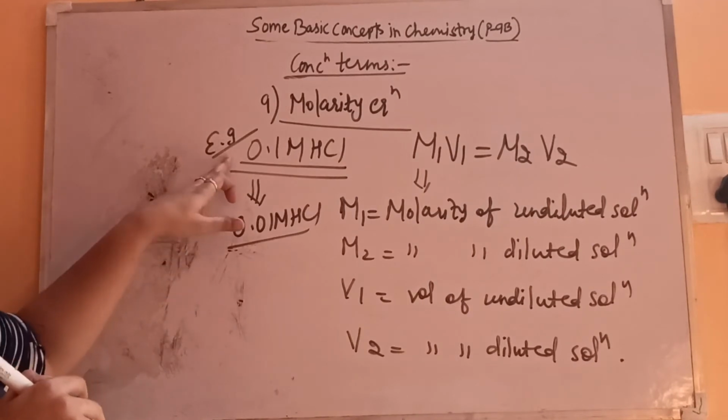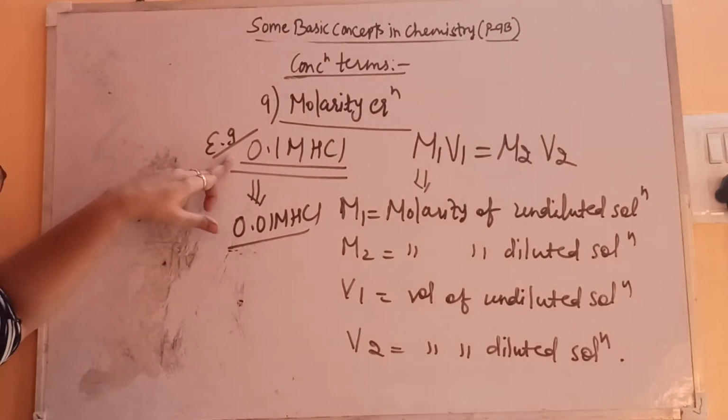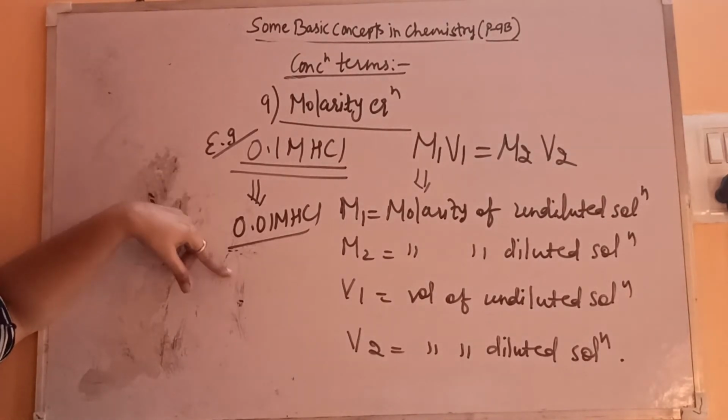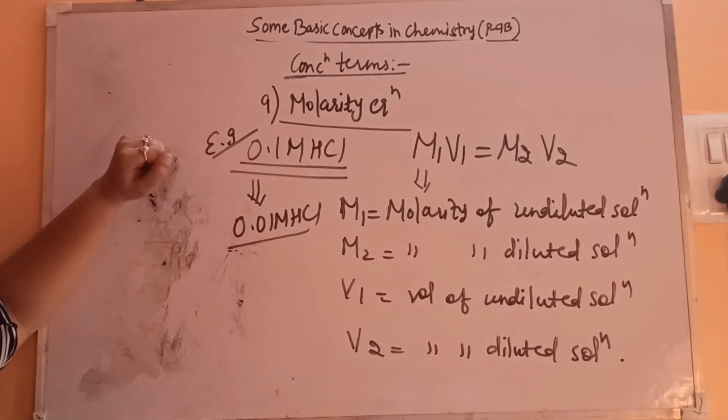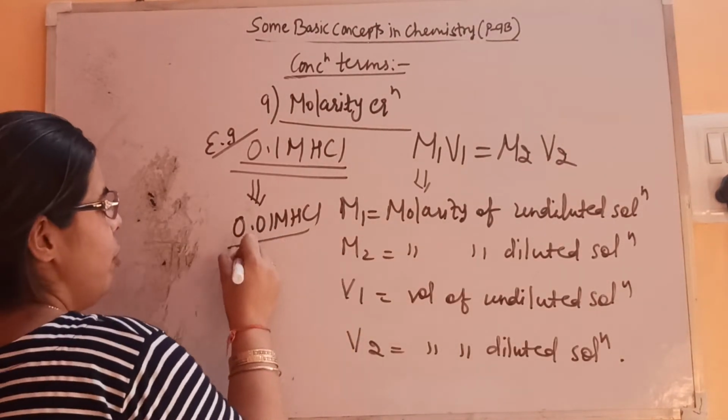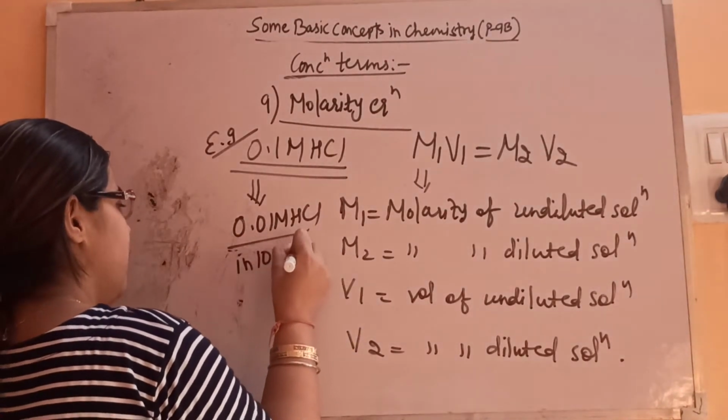You are having this much molarity, this much concentration. Now you have to prepare 0.01 molar from this solution, and the solution which you have to prepare, you have to prepare in 100 ml.